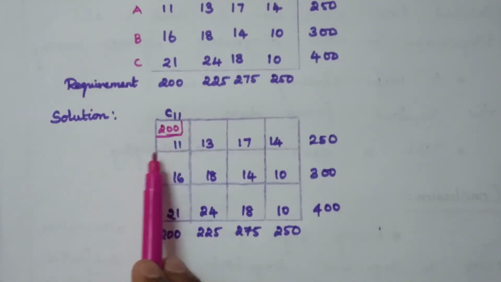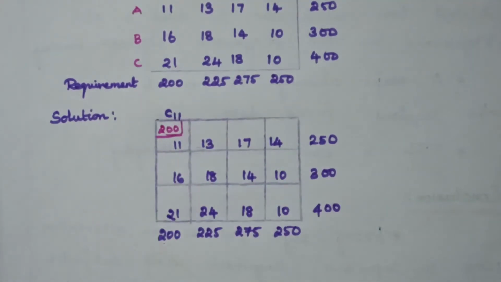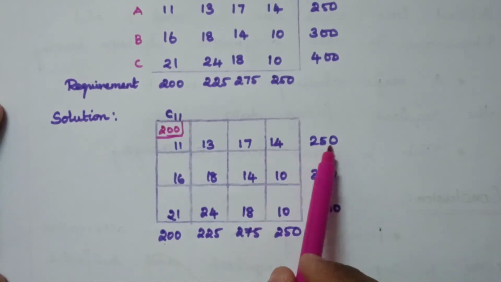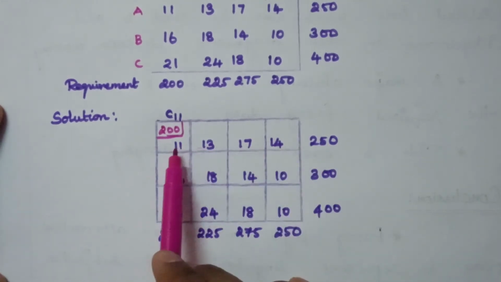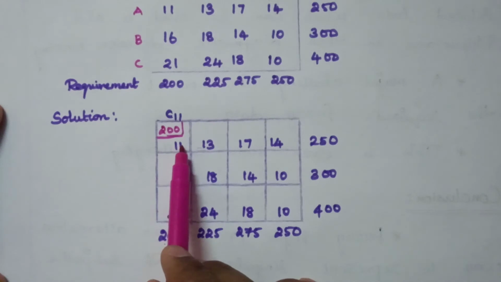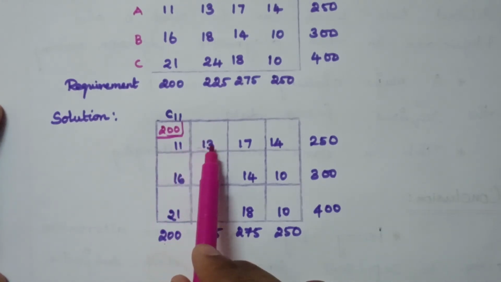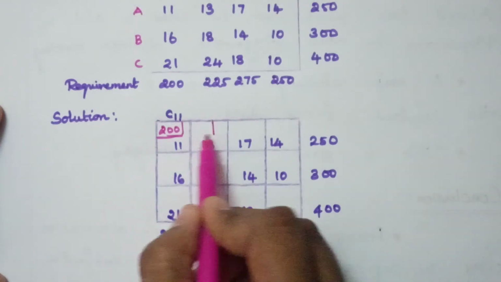Now we have to search for another cell in which to allocate. To find the next cell, we see the maximum of this requirement and availability. Which one is maximum, 200 or 250? 250 is the maximum, so 250 in this row. That is horizontally next to this cell, which is 13. So we have to allocate for this cell.